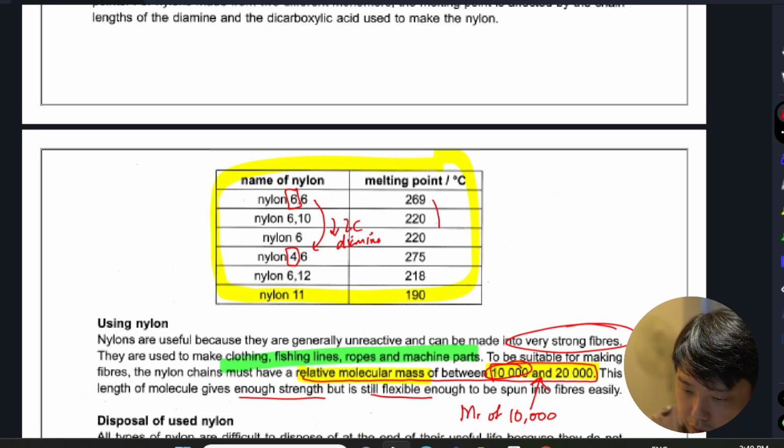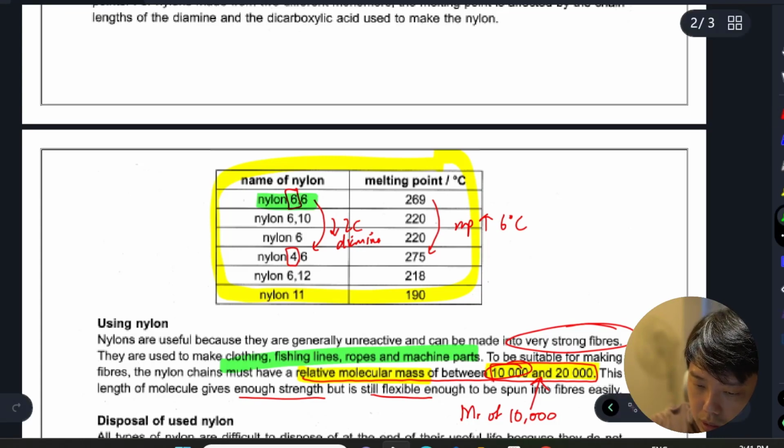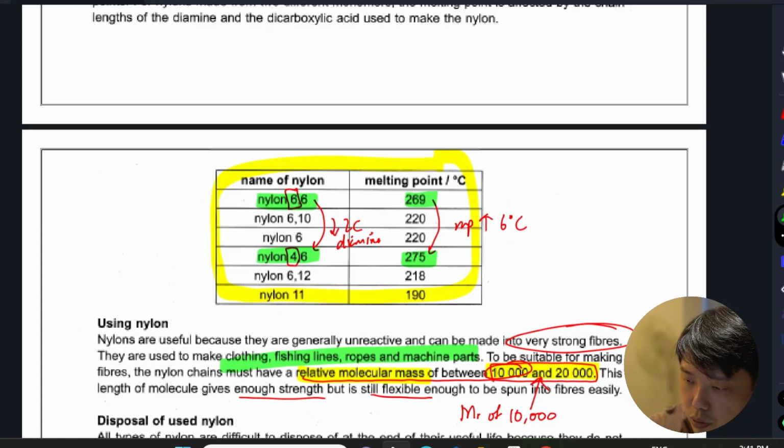The melting point actually went up by 6 degrees Celsius, right? So we got to quote these examples and these numbers.